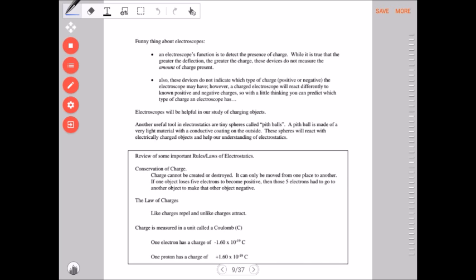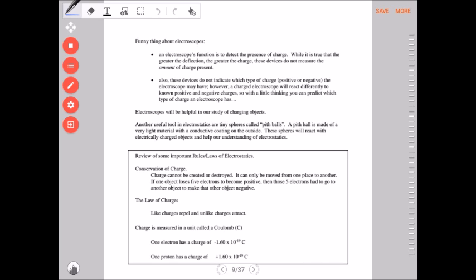It's just we look at the angles that the leaves spread or that the straw bends, and we say, oh, that's a lot of charge, or that's not very much, but there's no numbers attached to it. Also, these devices don't indicate which type of charge, either positive or negative, the electroscope may have.